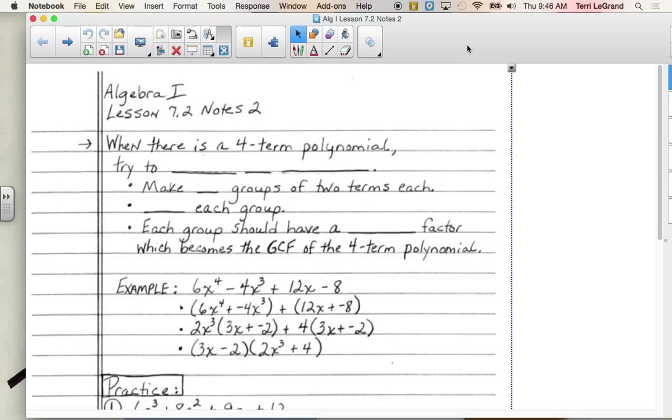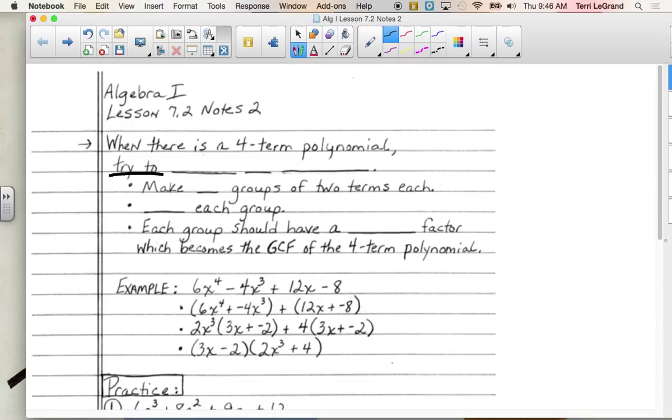So when there is a 4-term polynomial, it says, this is kind of important right here where it says try to. In other words, didn't we have a problem in the assignment today that could not be GCF'd? It could not be factored, right? Every polynomial is not factorable. So when it says try to, you're going to see if it can be.